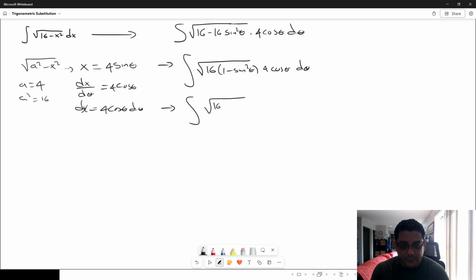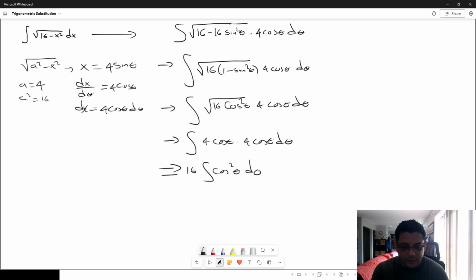So this transforms into the square root of 16 cosine squared of theta times 4 cosine of theta, which is 4 cosine of theta times 4 cosine of theta. So this equals 16 times the integral of cosine squared of theta d theta.